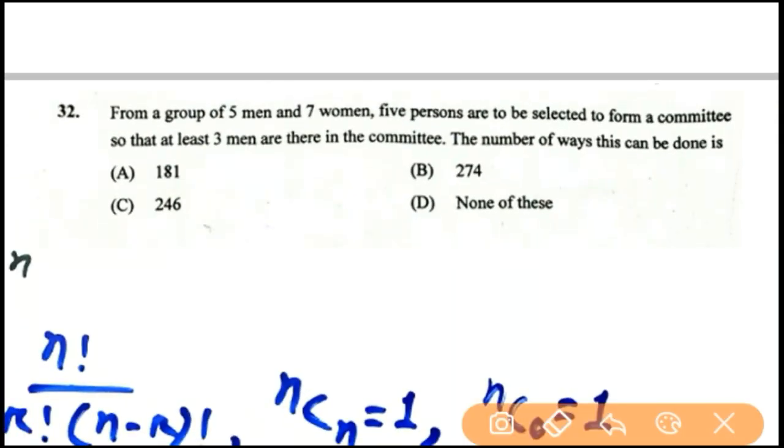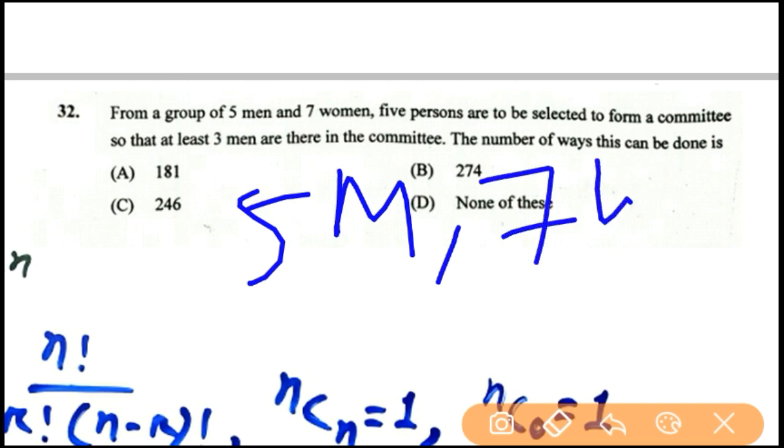In the next question we have, from a group of 5 men and 7 women, 5 persons are to be selected to form a committee so that at least 3 men are there in the committee. The number of ways this can be done is, we have 5 men and 7 women. From this, we will select a committee of 5 members.